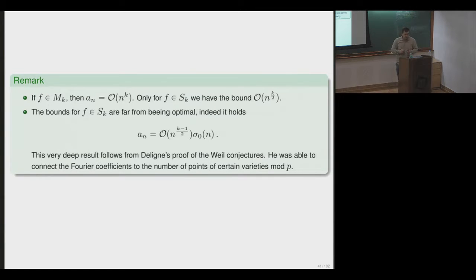And actually the story is far from optimal, because if you apply some deep results of Deligne, namely his proof of the Weil conjectures, to the fibers of products of elliptic curves over the modular curve, then you can apply some cohomology theory, calculate the trace of Frobenius and so on.